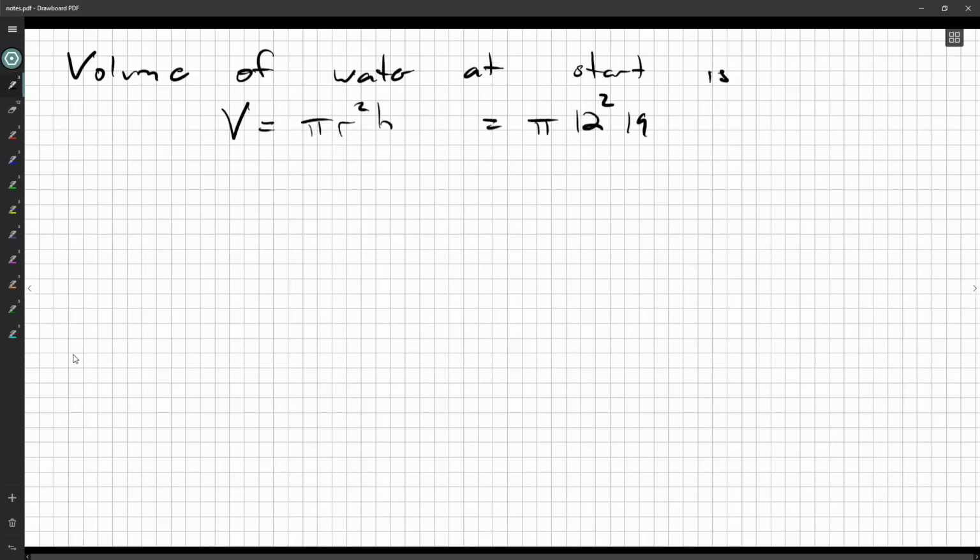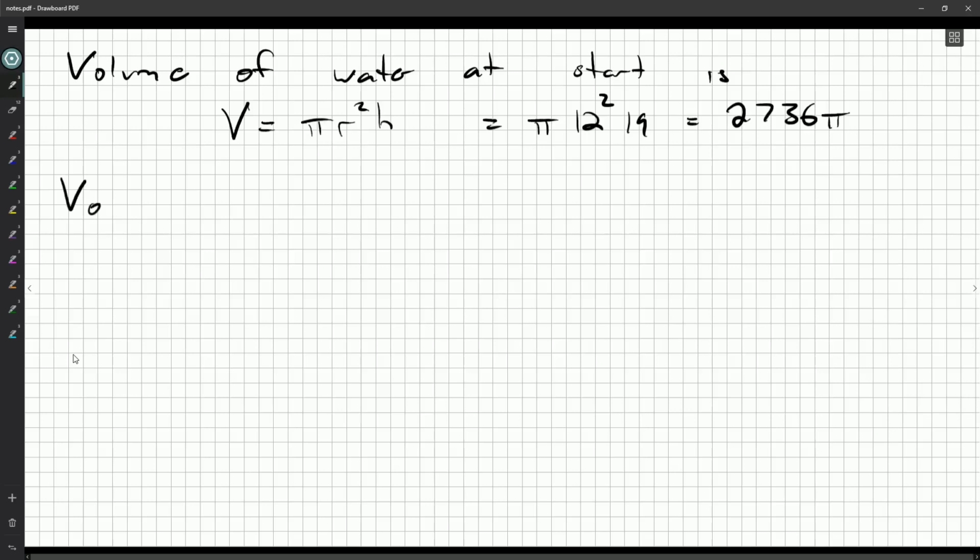And I guess we could grab our calculator and actually work this specific number out. I don't think it's going to be particularly relevant what the exact digits are, but okay, here we go. 2736 pi. So that's how much volume, in centimeters cubed, there is for the water.